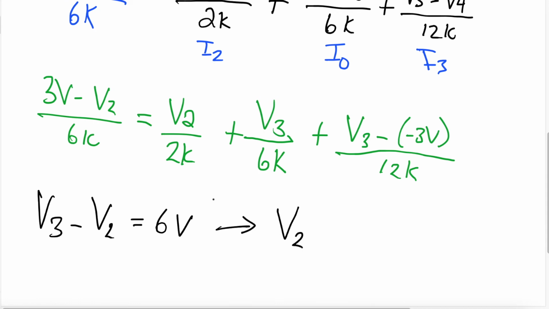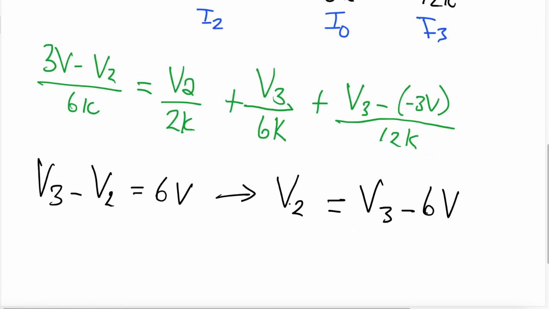If we rearrange this equation, V2 is equal to V3 minus 6 volts. So now we have V2 equal to V3 minus 6 volts, and we're basically going to replace V2.